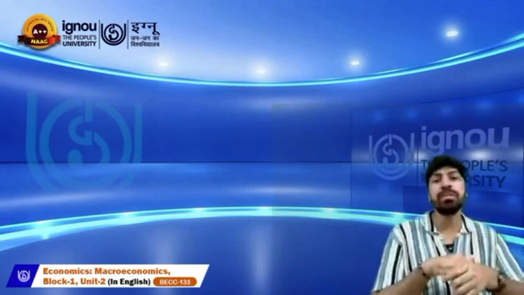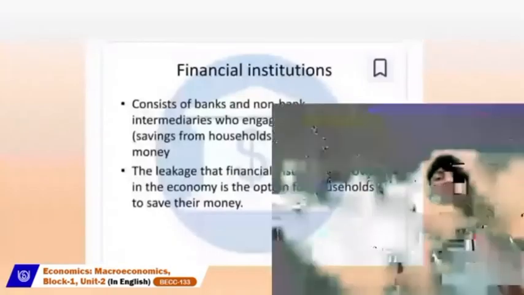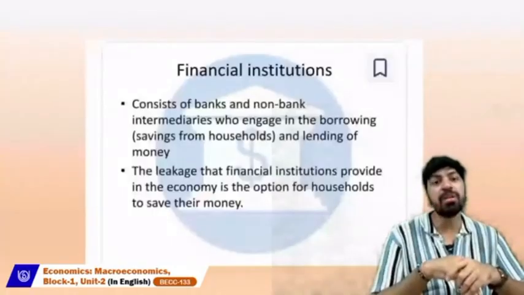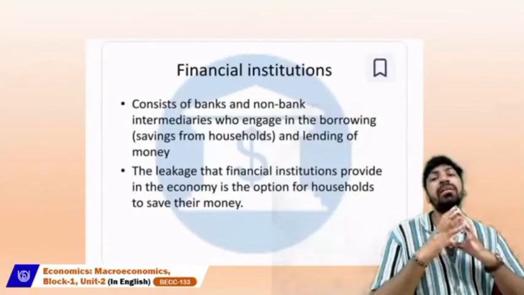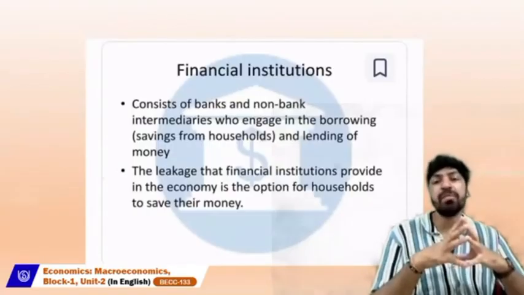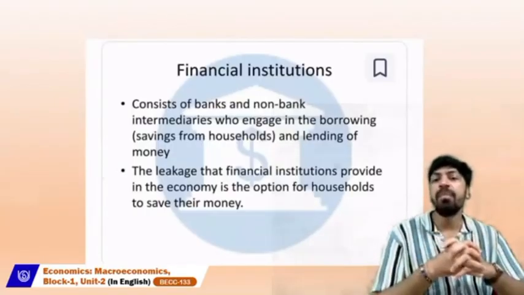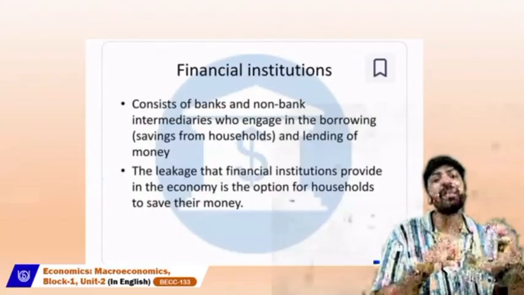Financial institutions consist of banks and non-bank institutions or intermediaries who are always engaged in the borrowing and the lending of money. When we talk about borrowing, that means the savings from households.